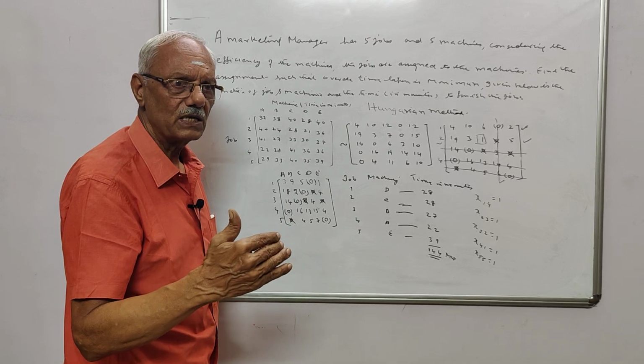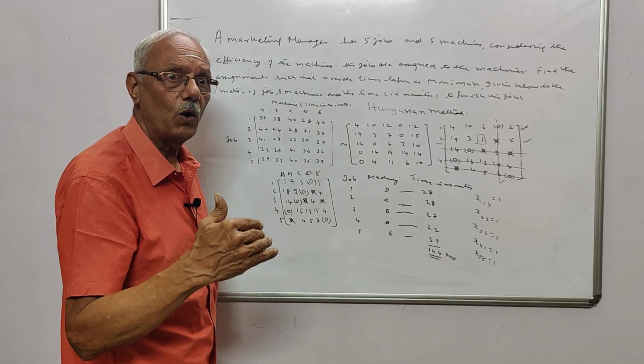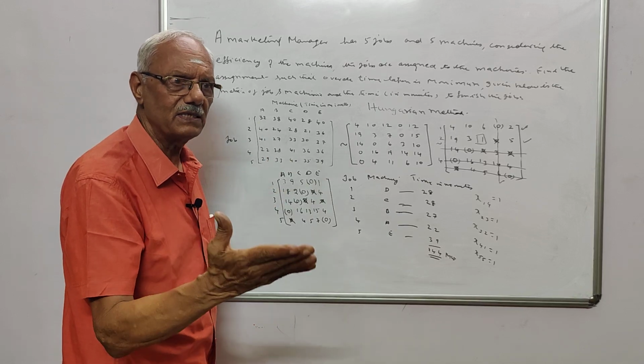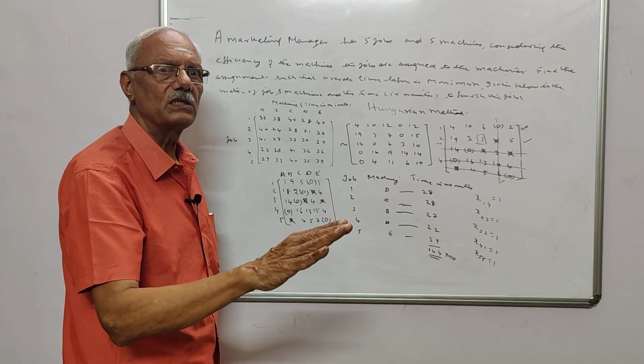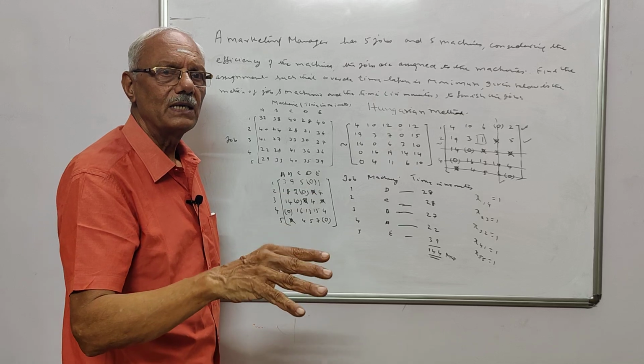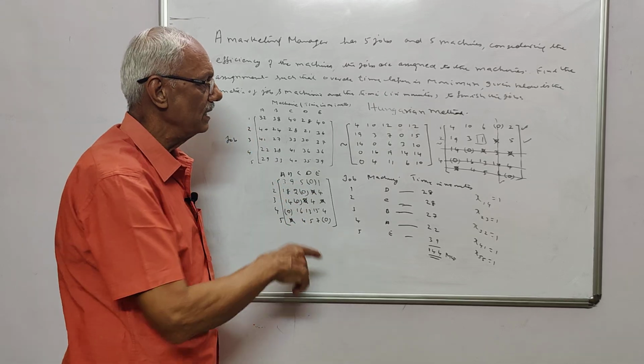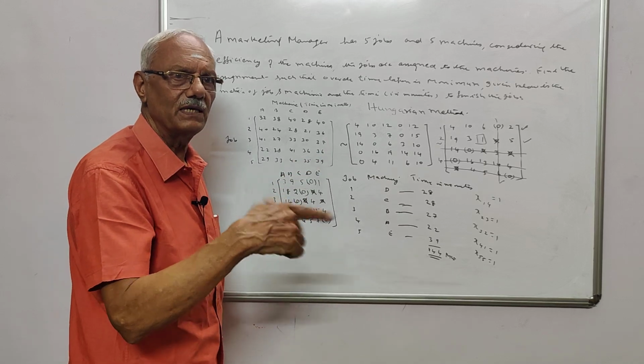Now the question is how cleverly you will assign the cities, the places, to the salesman, so that the company earns the maximum profit. Are you able to understand? That problem I will take in the next class.